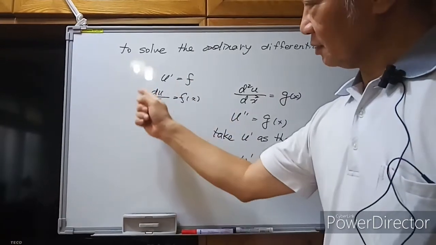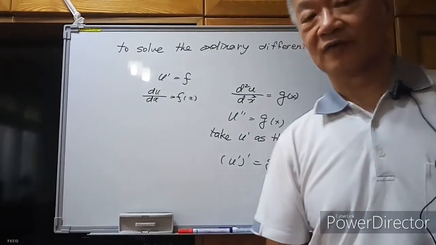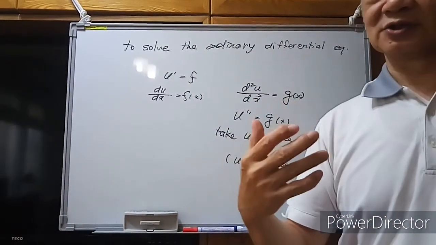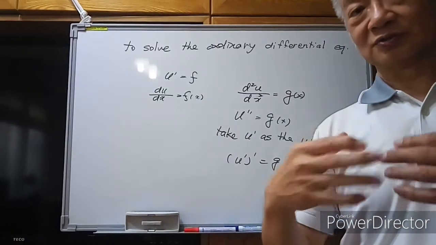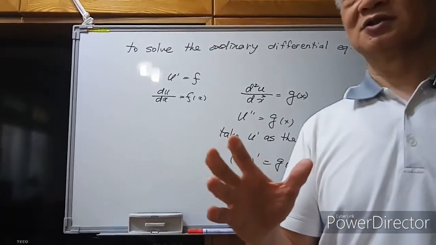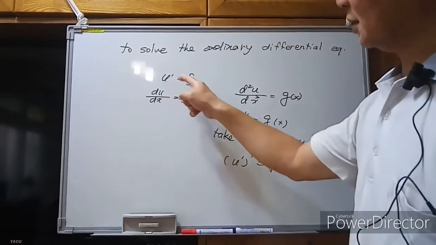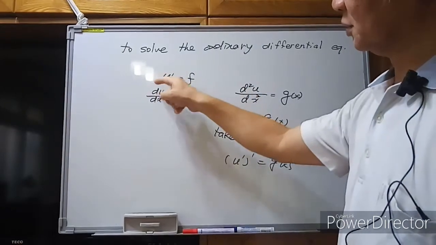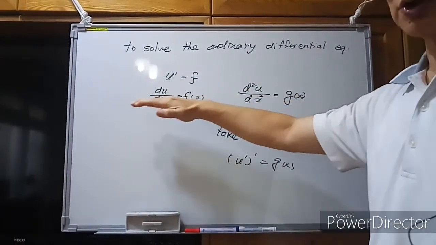So even if we consider only the first derivative, if you'd like to consider the second or third derivative, you need to take 2 or 3 steps to solve the problem. Then you can still get the results. So today we are going to consider only the first order differential equations.